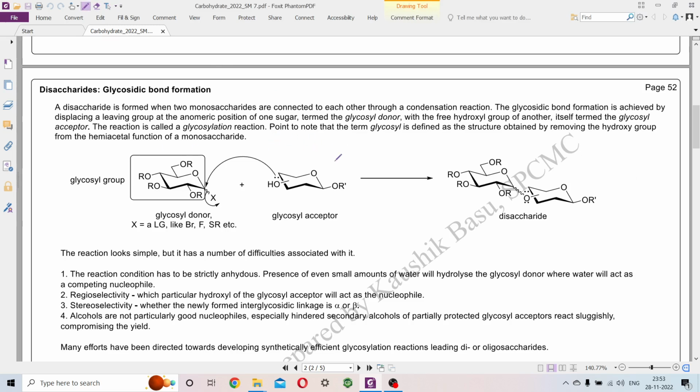When you make a disaccharide, you react basically two monosaccharides, and the two monosaccharides are connected to each other via a condensation reaction.